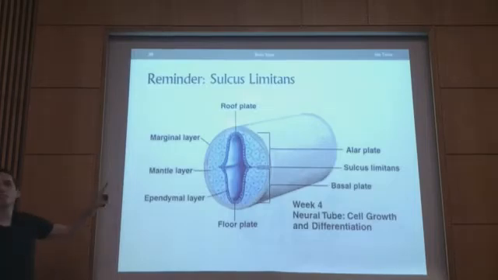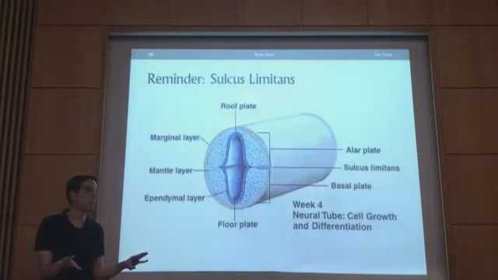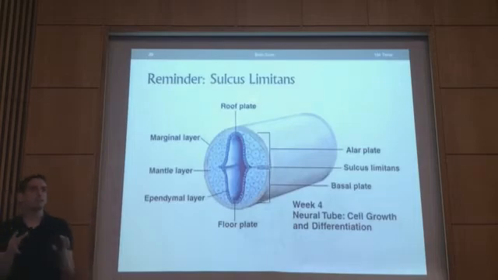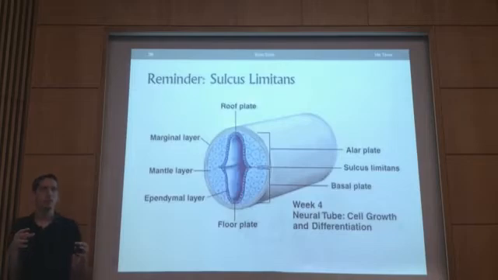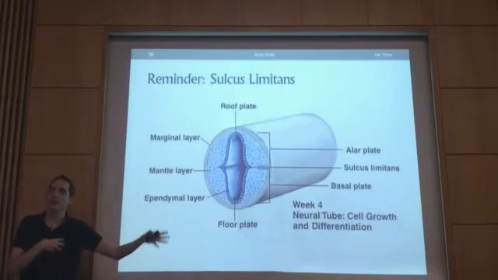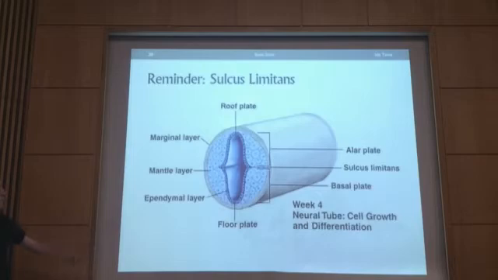So this is the developing neural tube. During development, as in all lectures of this class, it's very important to remember that the entire central nervous system is a continuous tube. It has different regions. It has the cerebrum, it has the cerebellum, it has the spinal cord, but all of it is a continuous tube.